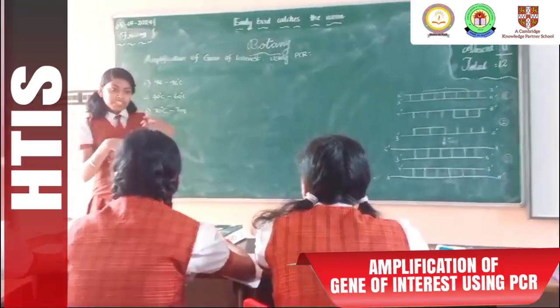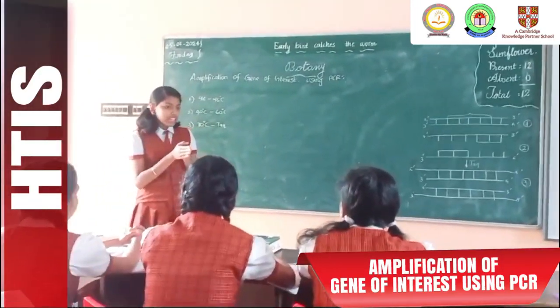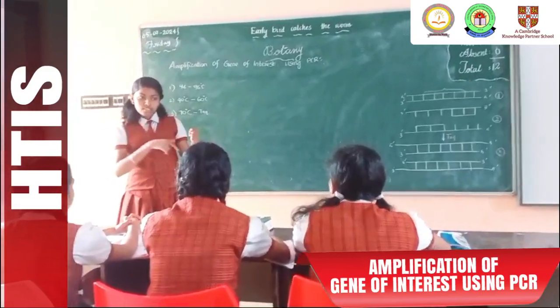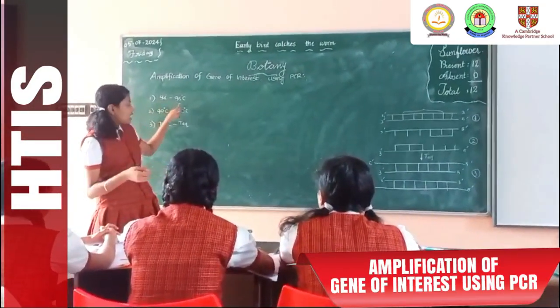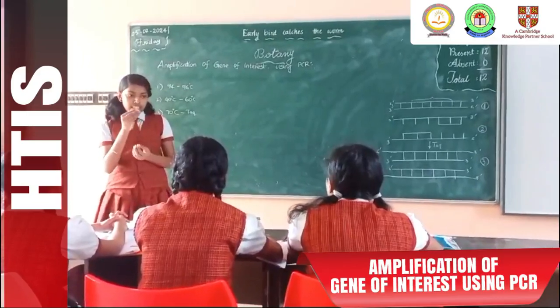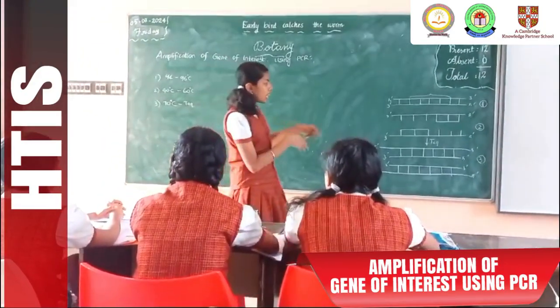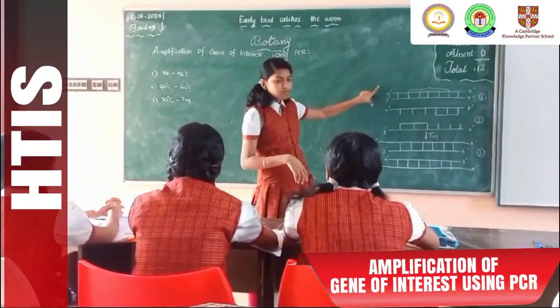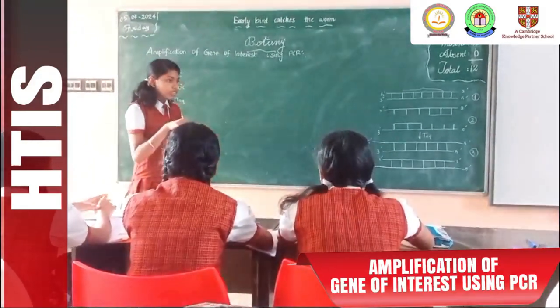To create multiple copies, first we should convert the double-stranded helix into single strands. At 94 to 96 degrees Celsius, when we heat the desired gene, it will split into two single-stranded DNA.